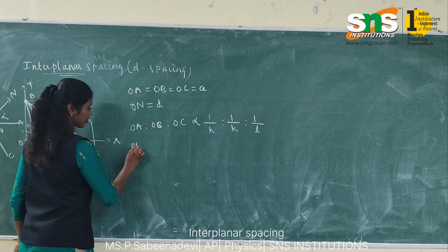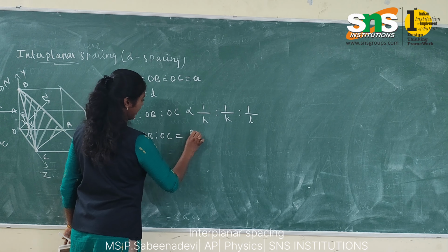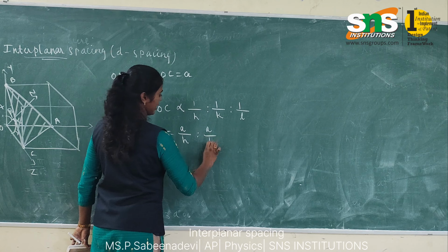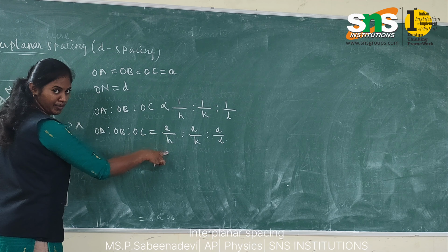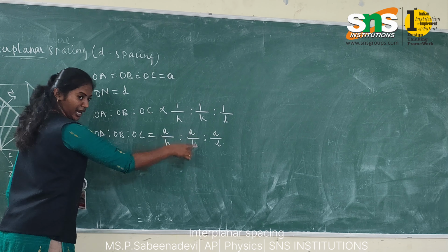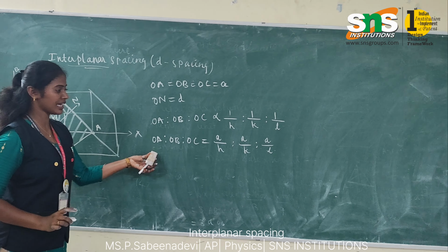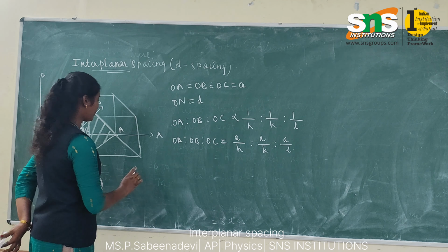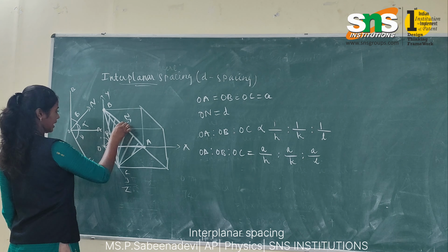Let's modify this equation. OA, OB, OC is equal to a by h, a by k, a by l. So OA is equal to a by h, OB is equal to a by k, OC is equal to a by l. These are all the intercept values. Now let us consider triangle OAN.